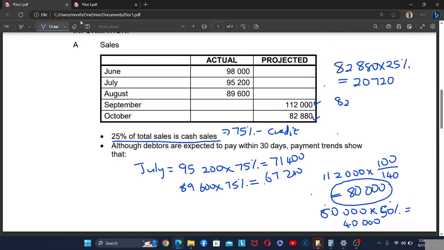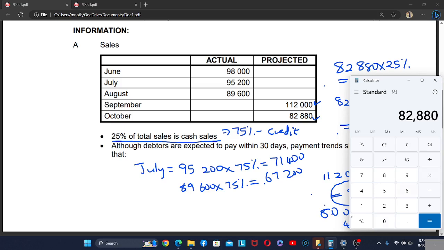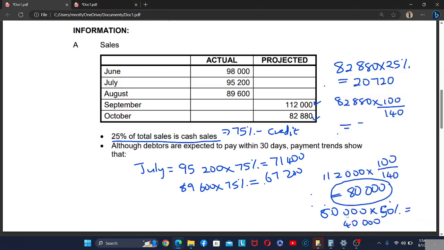It is 82,880 multiplied by 100 divided by 140. That is 59,200.